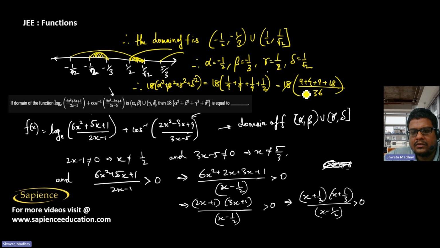So 18 plus 18 is 36, 36 plus 4 is 40, 40 by 2 is equal to 20. So the value of this is 20.